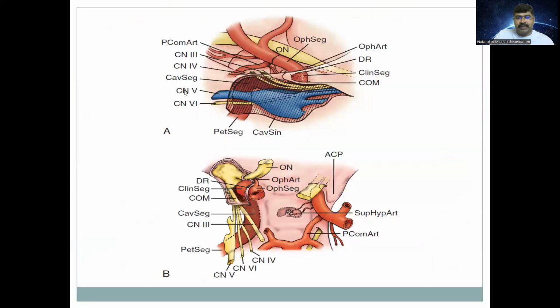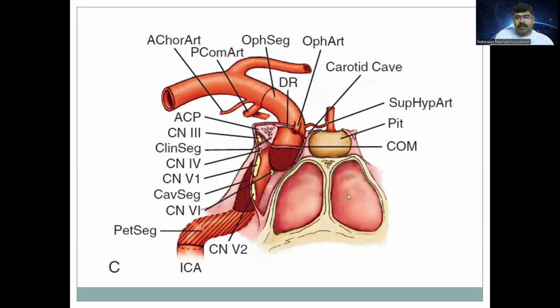So here you can see this is the carotid oculomotor membrane, and this is the cavernous sinus. You can see the third nerve exiting through the carotid oculomotor membrane, which forms the roof of the cavernous sinus. So again, the anterior view with the ICAs.